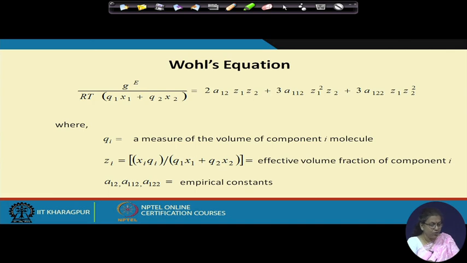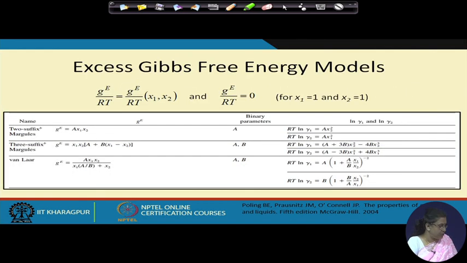Now, based on all this, we find that several algebraic equations have been proposed to determine activity coefficients, since from thermodynamics there is insufficient guidance to formulate unique relationships between gamma and x. So a large number of algebraic equations are proposed which satisfy the Gibbs-Duhem equation.